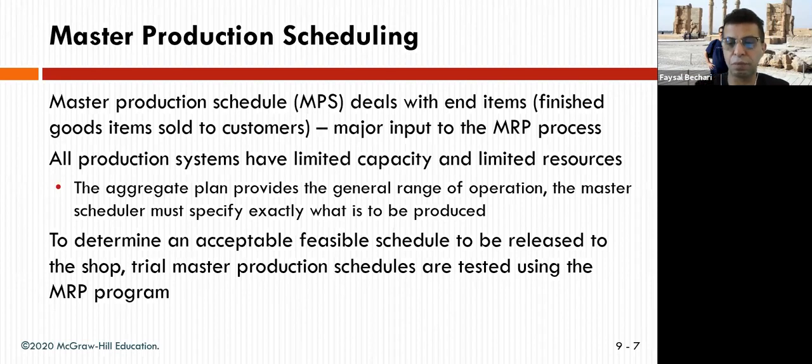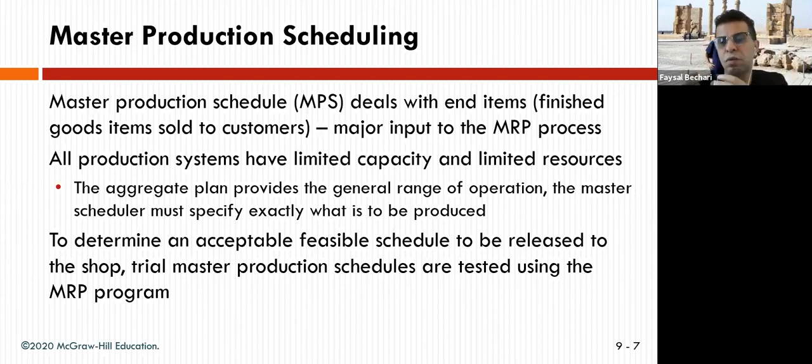you're setting up your MRP. The aggregate plan provides a general range of operation. The master schedule must specify exactly what to produce. So they will tell you, I need 100 units at this time to be delivered in this place with this quality, all the specifications.